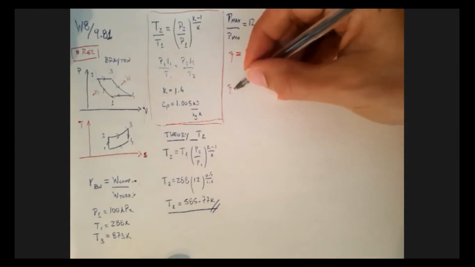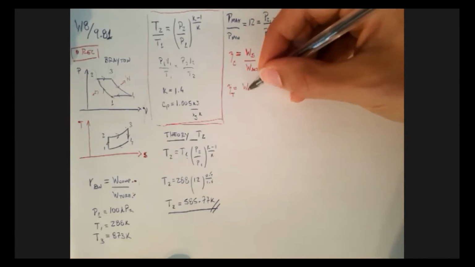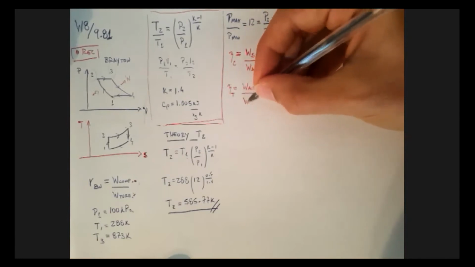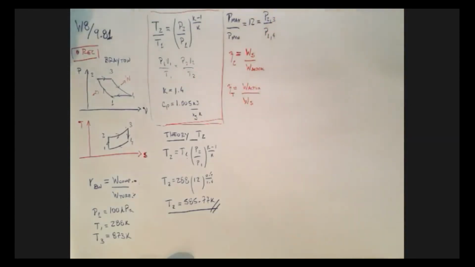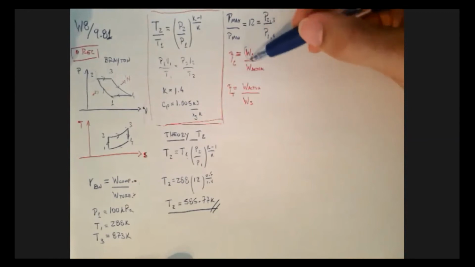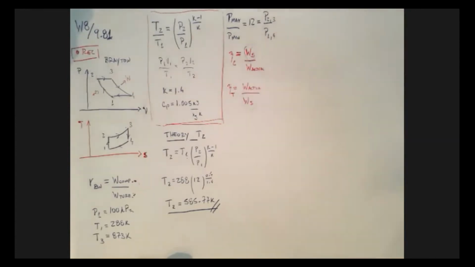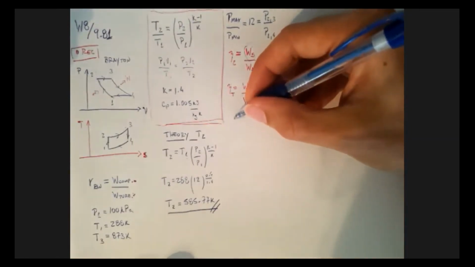Let's put C here for compressor and T for turbine. For the turbine, it's the actual work over the ideal one, because the actual is always going to be smaller than the isentropic one. Hopefully this is intuitive for you too. For the compressor we want the minimum possible, so the actual one is always going to be greater than the ideal one. A turbine produces work, so we want the maximum possible, and the actual is always going to be smaller than the ideal one. So let's calculate the actual.